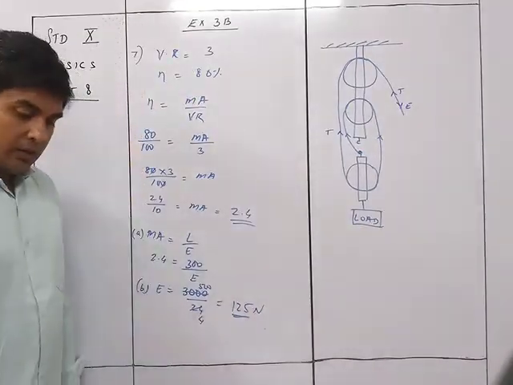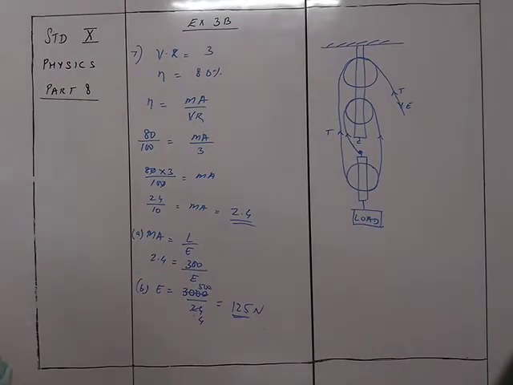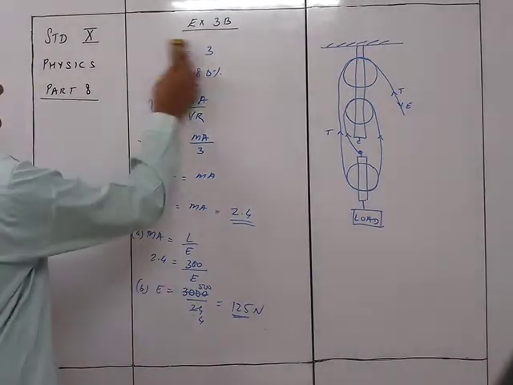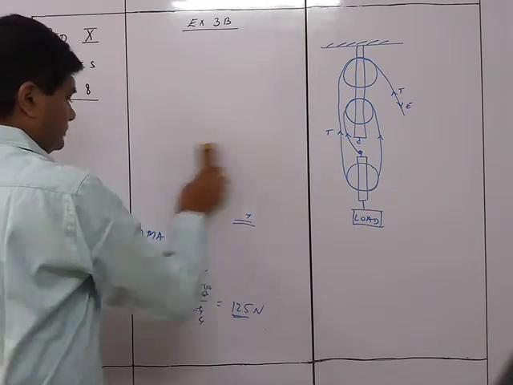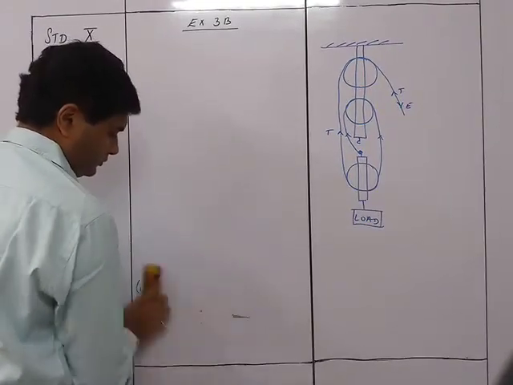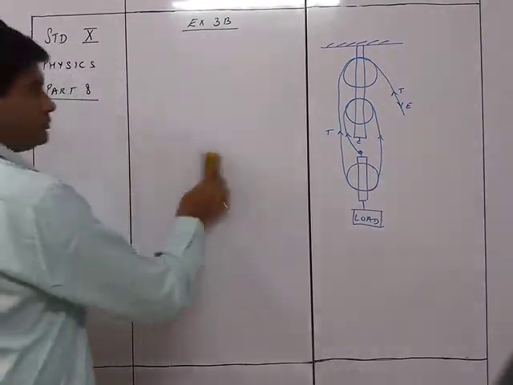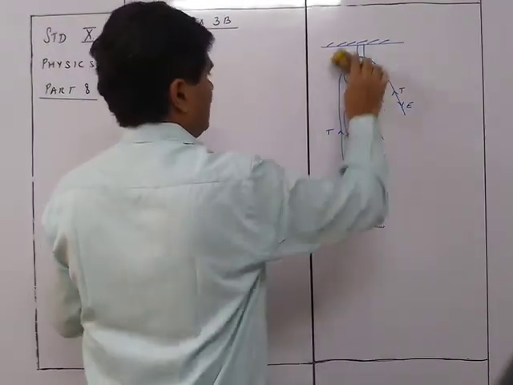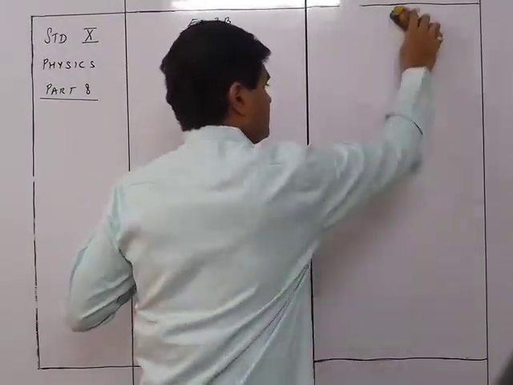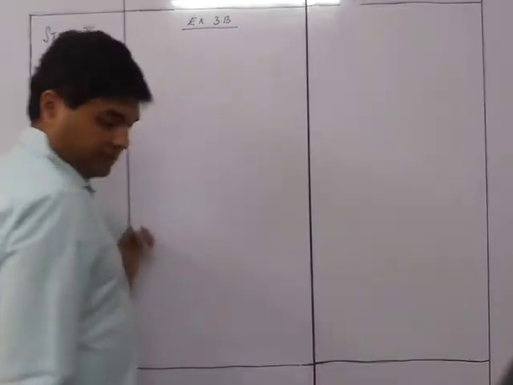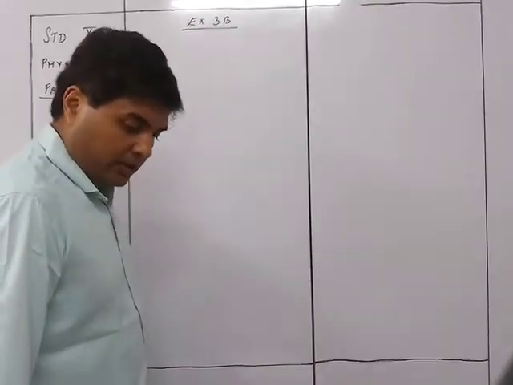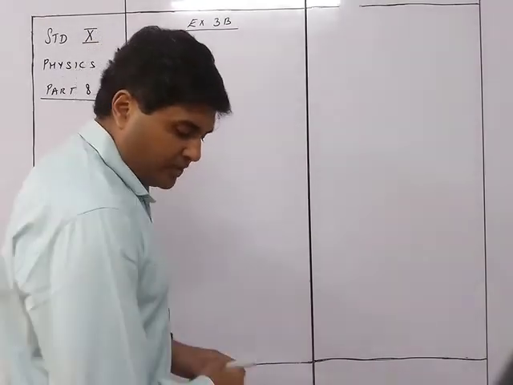Okay, we move forward to sum number 8 now. Sum number 8. This is a 4-pulley block and tackle system.